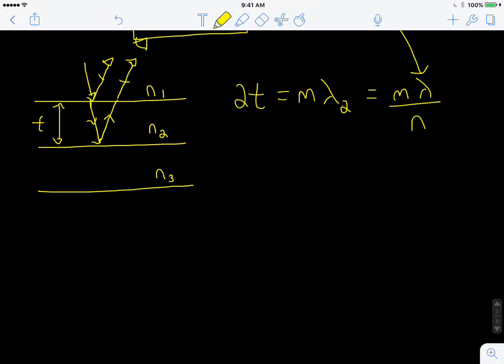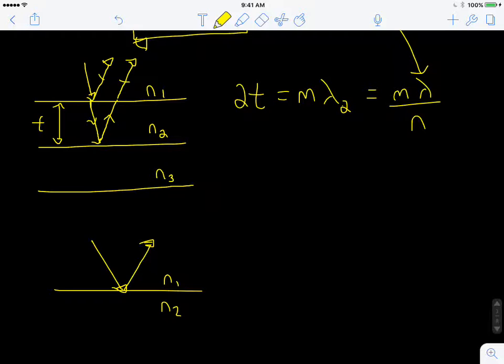Now, what I did not talk about is what happens if there are any phase shifts. What we know is that when light encounters a boundary and reflects off of that boundary, and actually this is true for any wave, if n2 is greater than n1, then it's going to be shifted 180 degrees or pi out of phase.